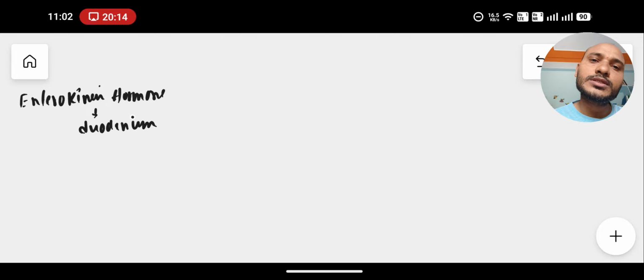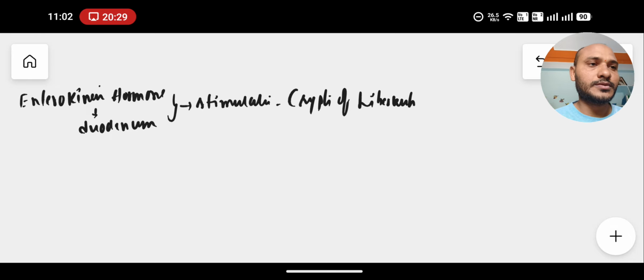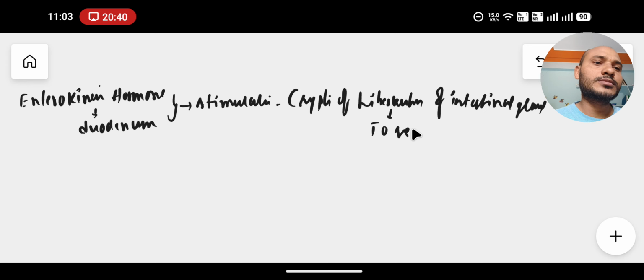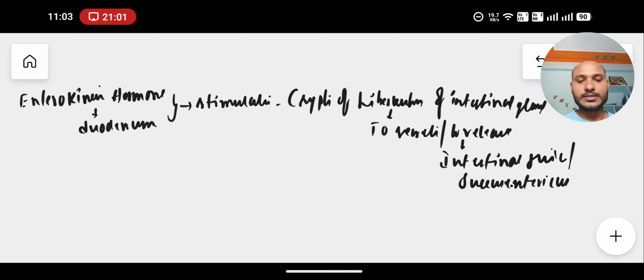The source of this hormone is the duodenum, and this hormone stimulates the crypts of Lieberkühn, the glands of the intestine, to secrete intestinal juice, also called succus entericus. So this is all about the enterocrinin hormone.